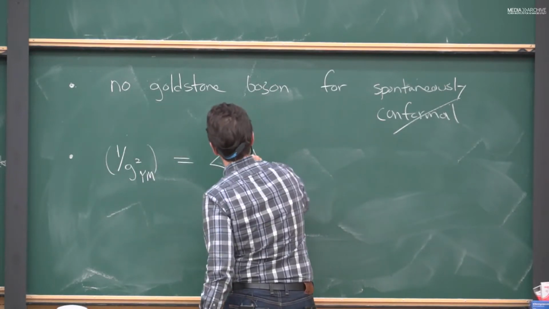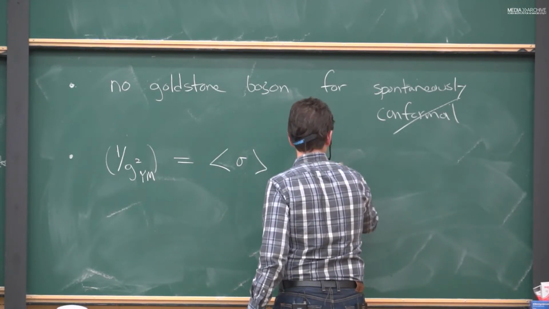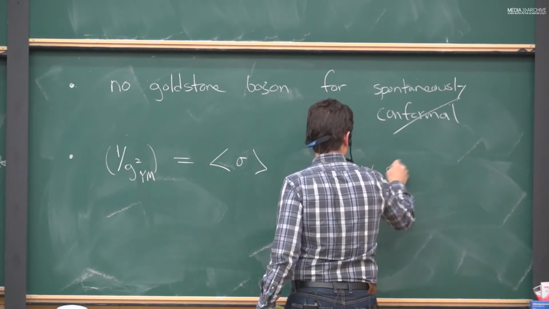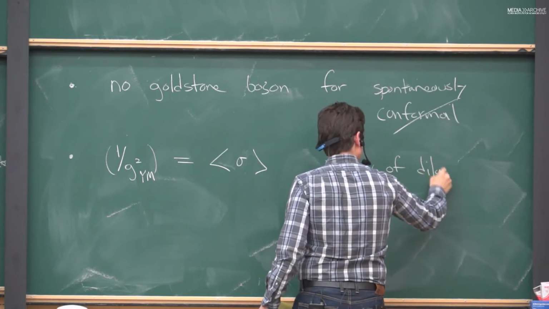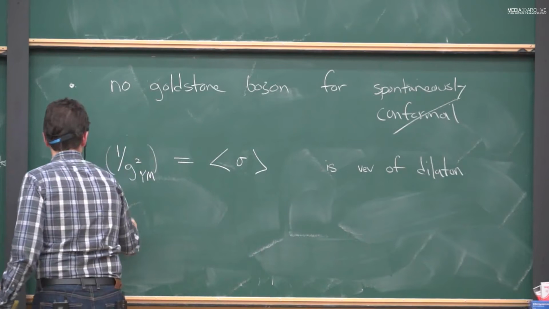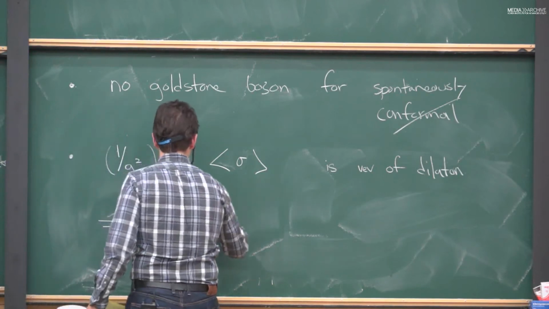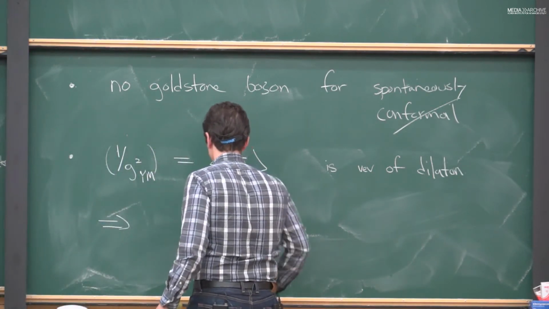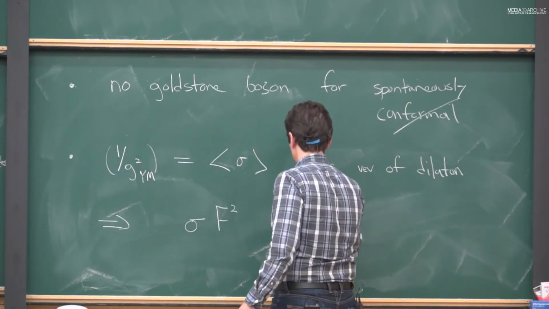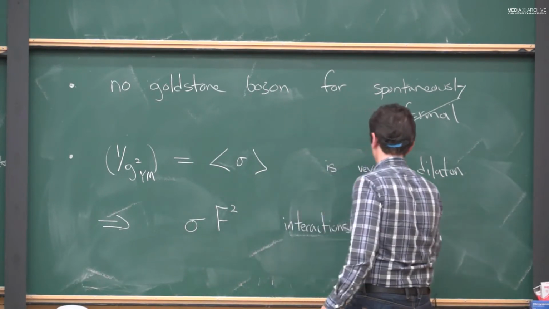I called that sigma before. So what this little theorem predicts is that in order to have a UV completion in field theory, you have to have interactions of the form sigma F squared in the low energy action.